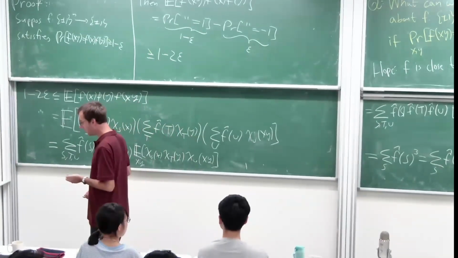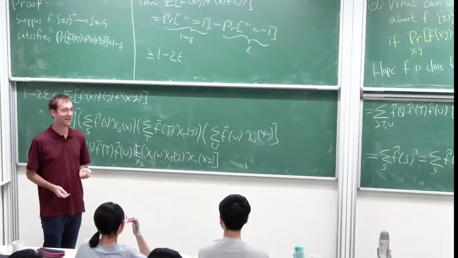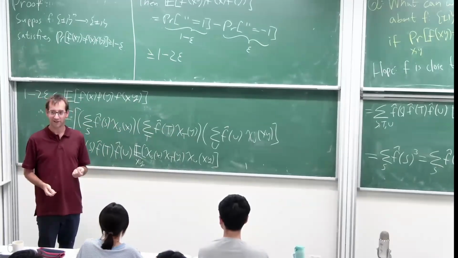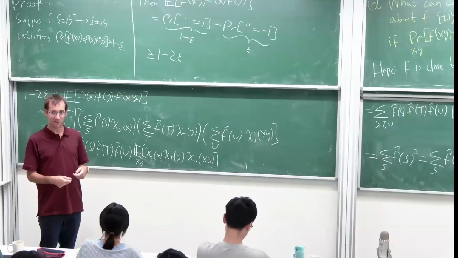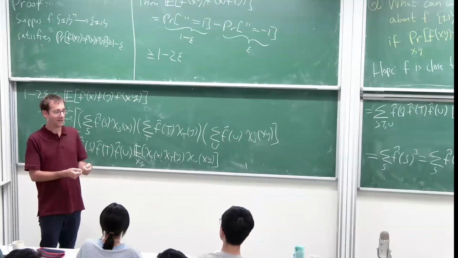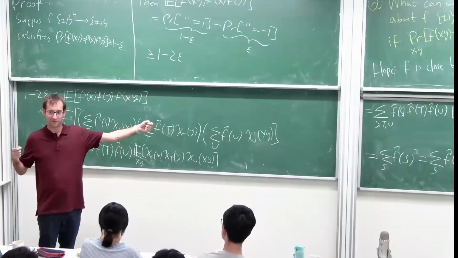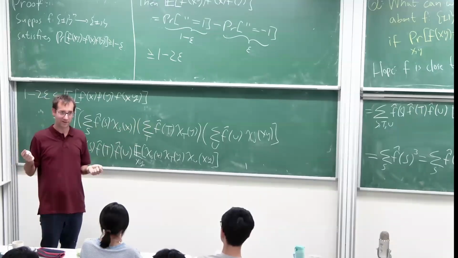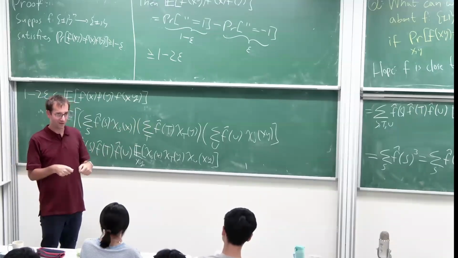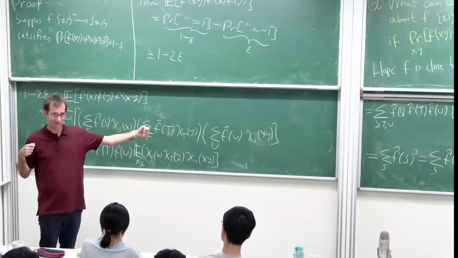Maybe none of you are electrical engineers, but in electrical engineering, they also like Fourier analysis. But for them, the dimension is usually fixed, like 2 or 3 or sometimes 1, but the group goes to infinity. Or sometimes it's infinite, like if you do the Fourier transform on the torus. And here the group is Z2, but the dimension goes to infinity.